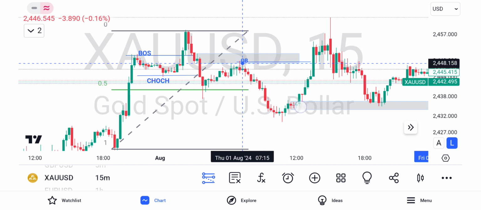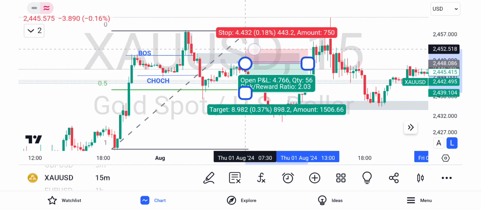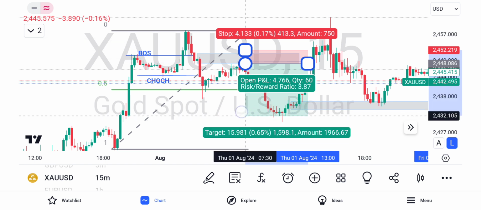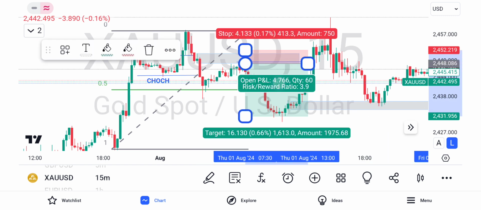At the beginning of the fair value gap, usually, remember, our stop loss is a little bit above this. What do you see? A 1:3, almost 4. A 1:3 risk reward ratio.